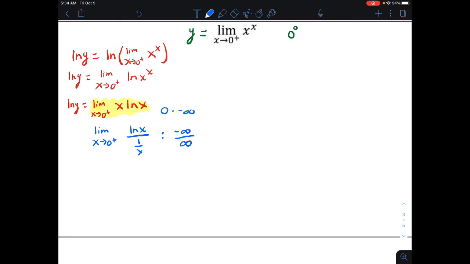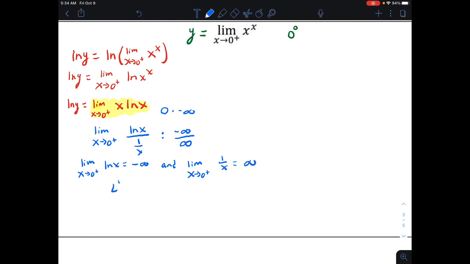So what we're going to do from here is show our two limits. The limit as x approaches 0 from the right of the natural log of x is equal to negative infinity, and the limit as x approaches 0 from the right of 1 over x is equal to positive infinity.